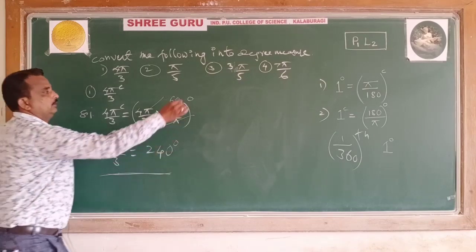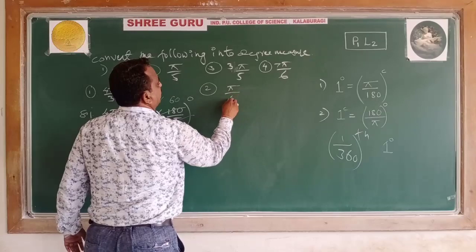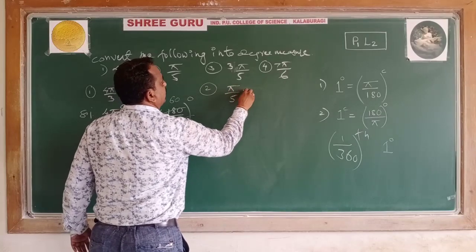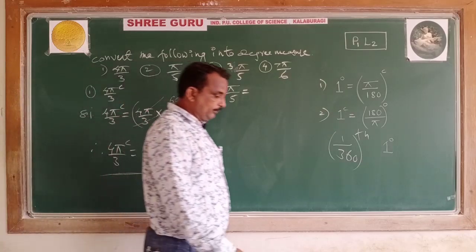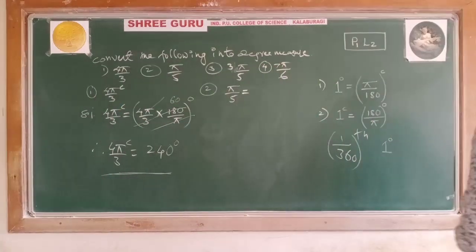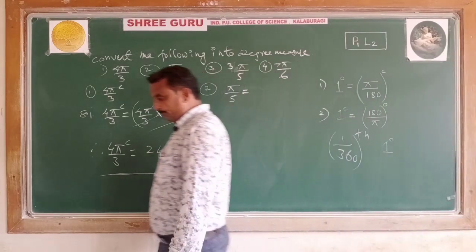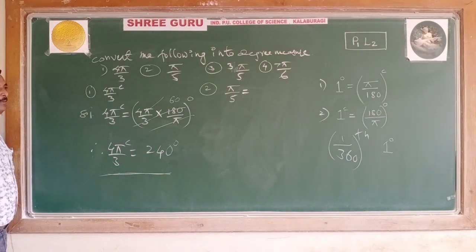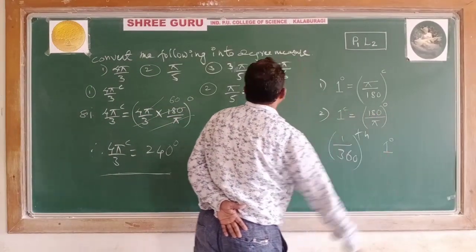Very simple questions. Let us see the second one also. Pi by 5. As I told in the definition of radian measure, to convert radian to degree measure, you have to multiply by 180 by pi.